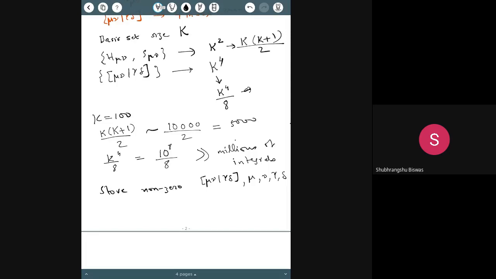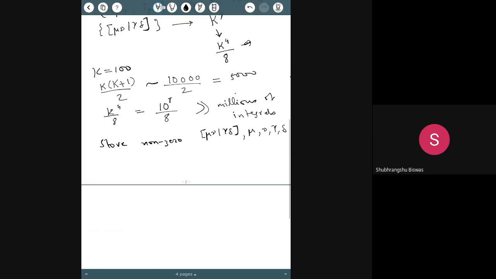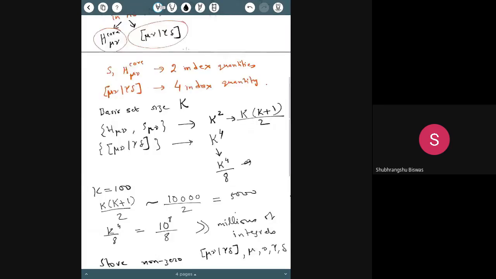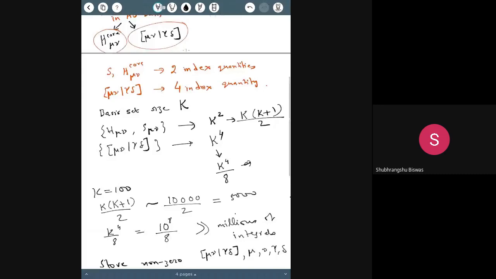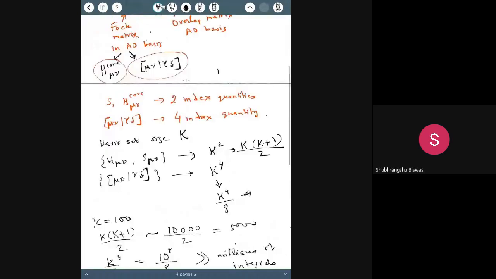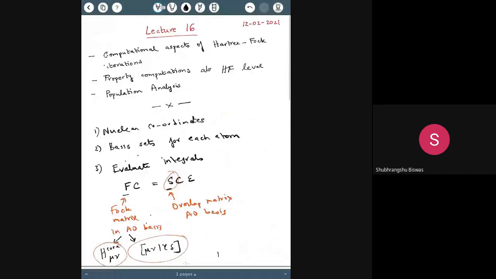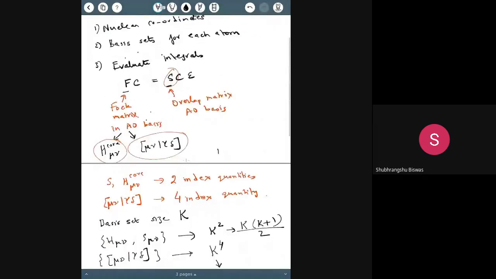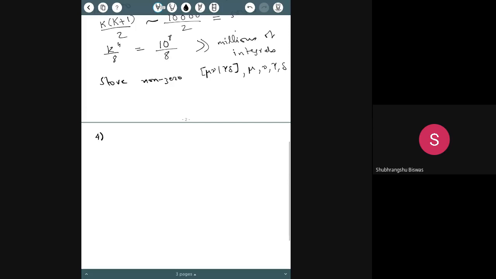So the next point, let's call this 4. If you want to start any iteration, you need to start with a guess of whatever quantity you are iterating.